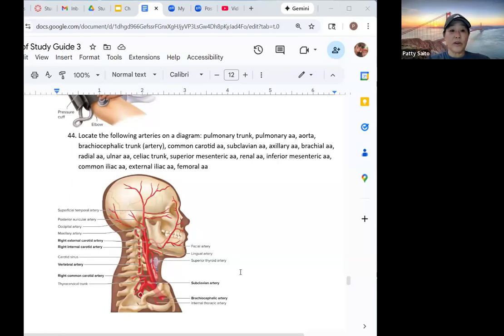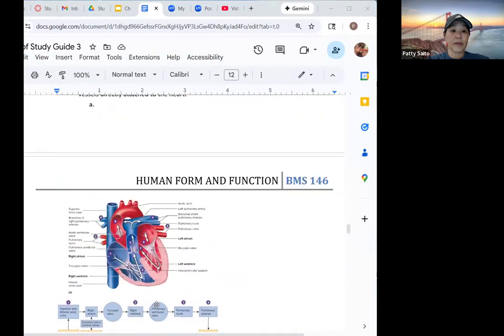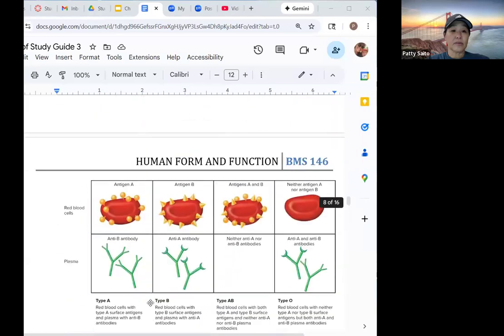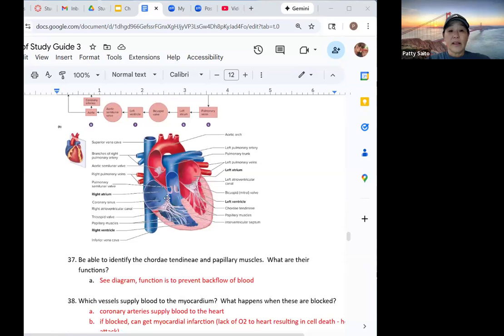So remember, in our heart diagram, where's my nice heart? All right, here we go. The trunk here splits to become the arteries. So these are the pulmonary arteries that go this way and that way.